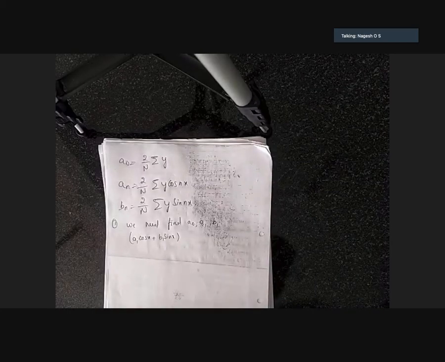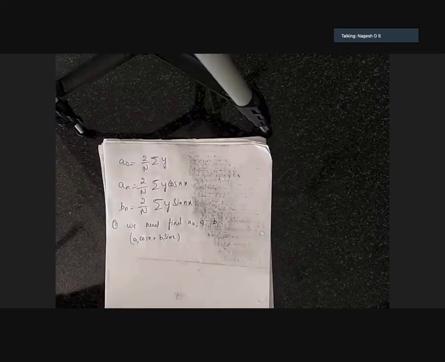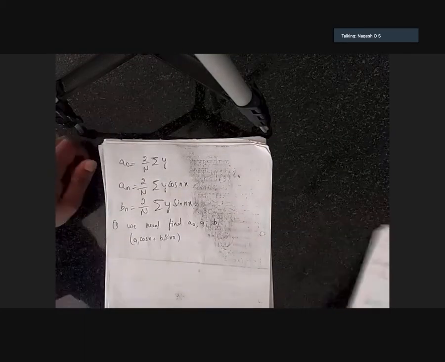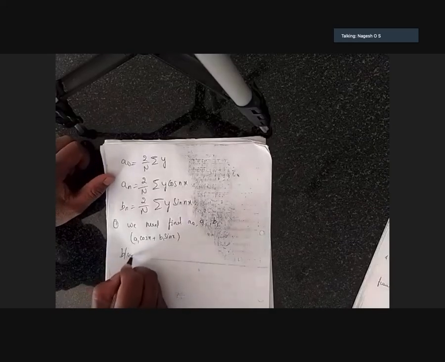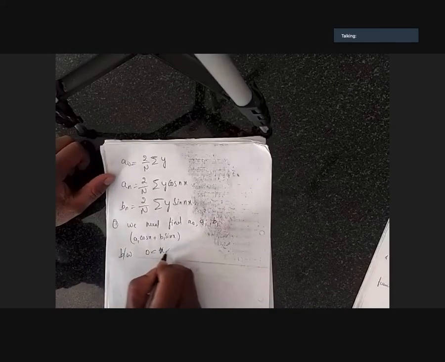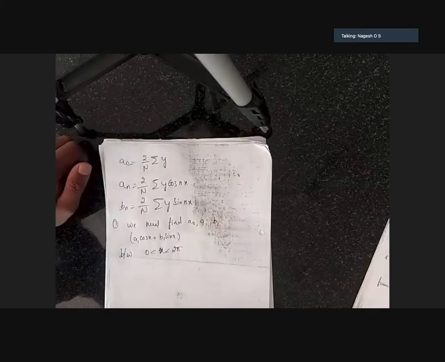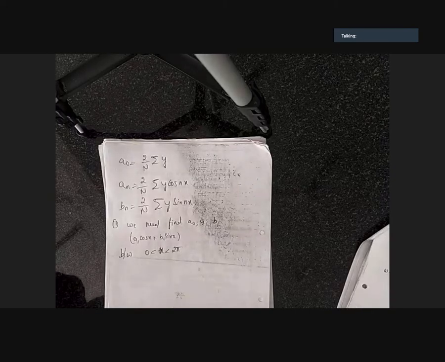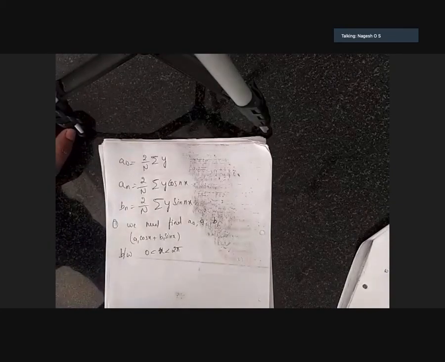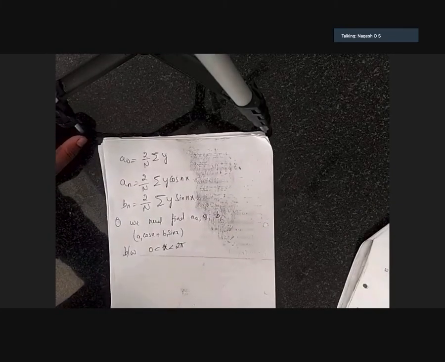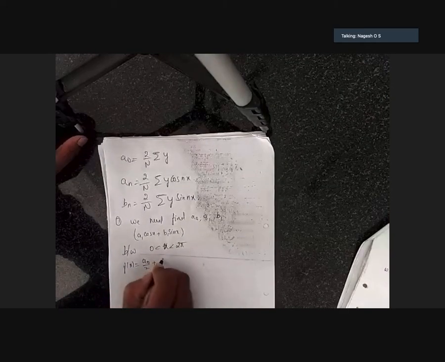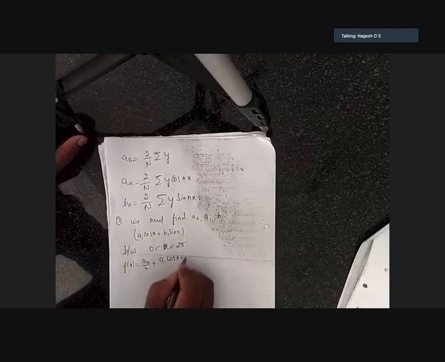First thing, what is the interval here? Interval here is 0 to 300. Means, can I take the interval between 0 to 2 pi? The x values lie between 0 degree to 360 degree. f of x here is A0 by 2 plus A1 cos x plus B1 sin x.